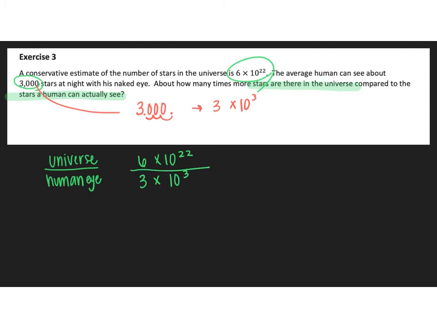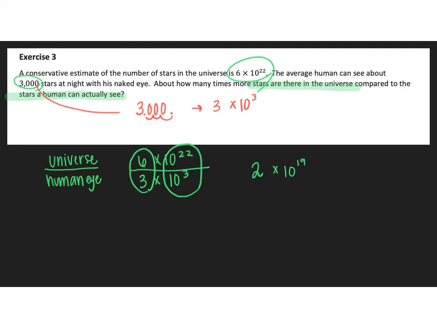And then I am dividing these numbers. First, I'm going to divide my whole numbers. 6 divided by 3. This is 2. Then I'm going to divide my powers of 10. 22 take away 3. Well, 21, 20, 19.